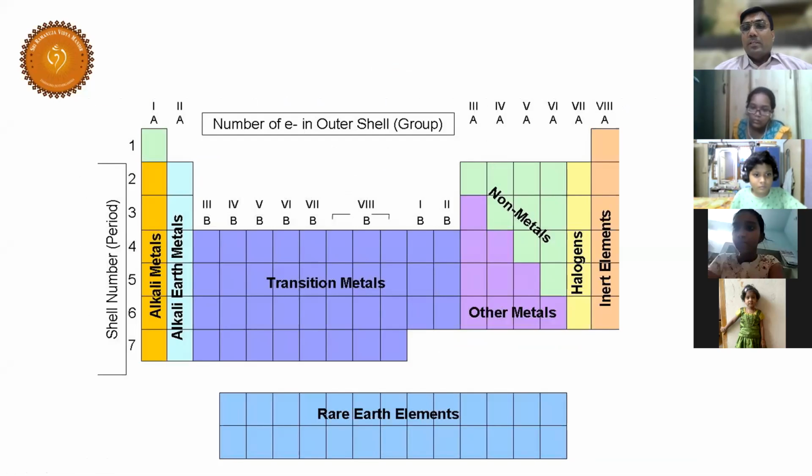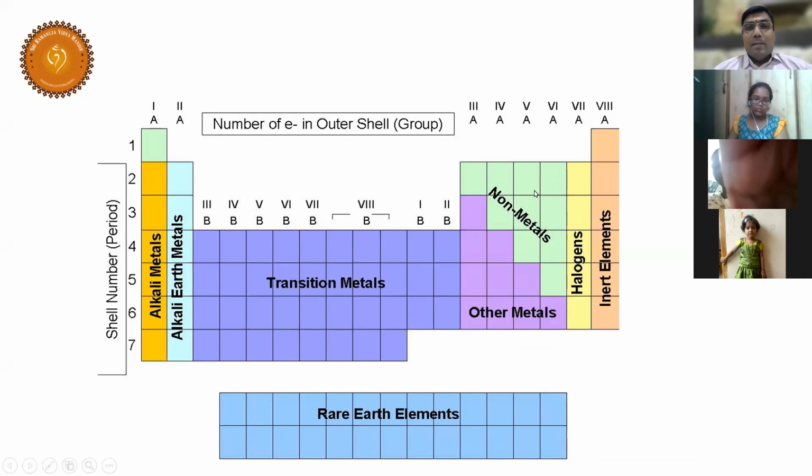I request all the students to come on time. Have a look here. S block elements are alkali metals and alkaline earth metals. P block elements are what? Third group to eighth group elements are called P block elements.